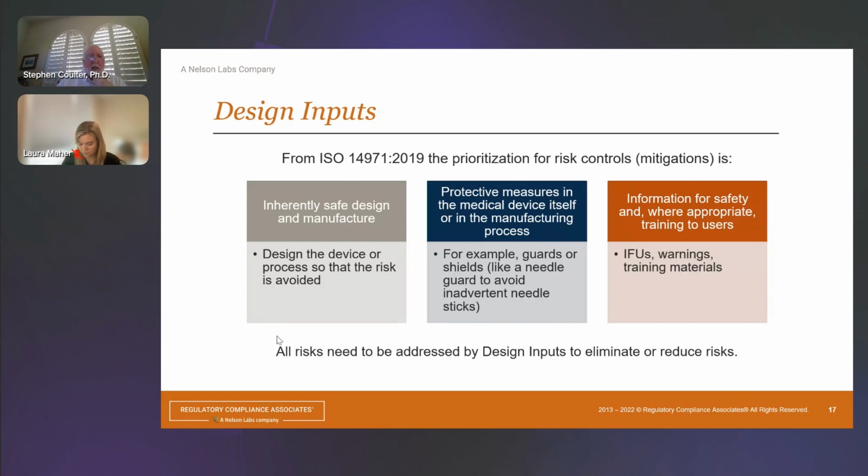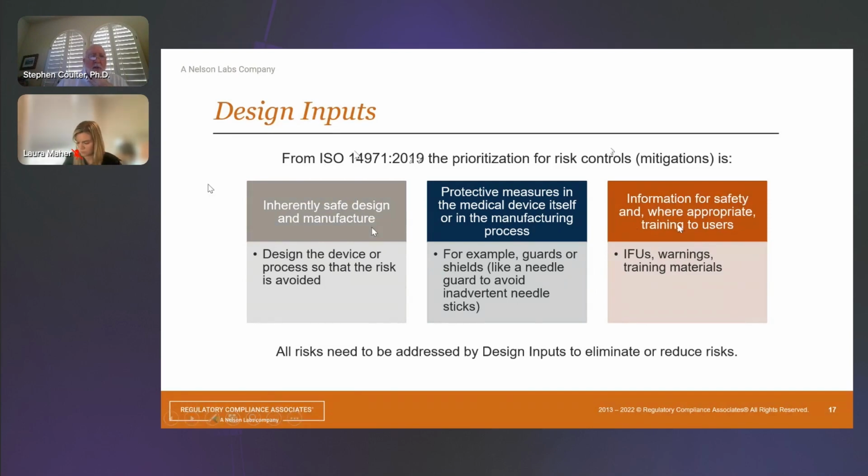Let's look at design inputs, the next one on our model. Now I'm going to stop and take a little bit of time here because this is a very important intersection between the two processes. ISO 14971 prioritizes the ways of doing mitigations, controls. You have to do these in order. You can't just put on labeling. So let's go through these.